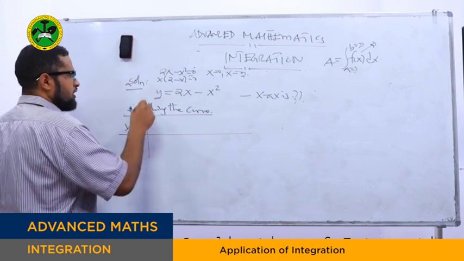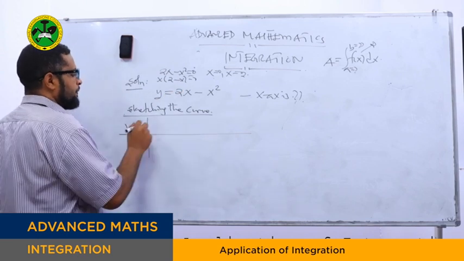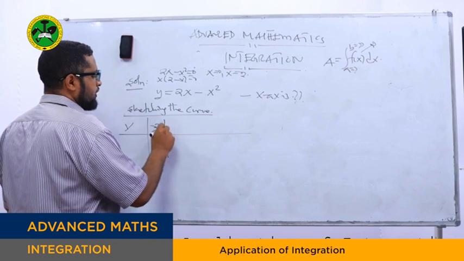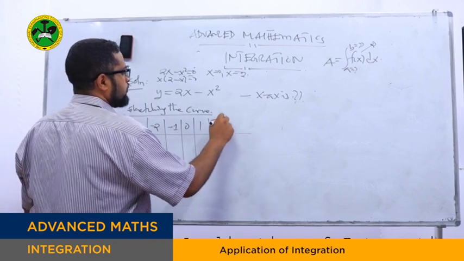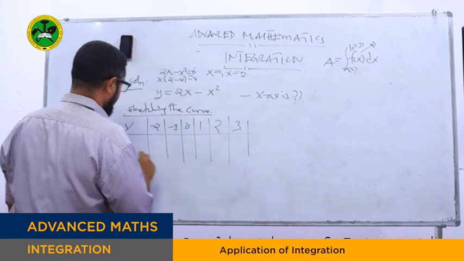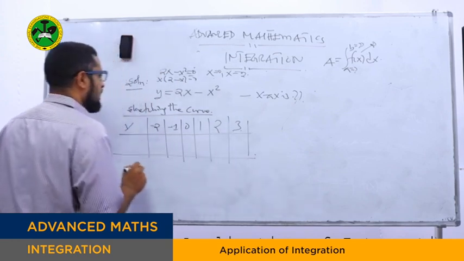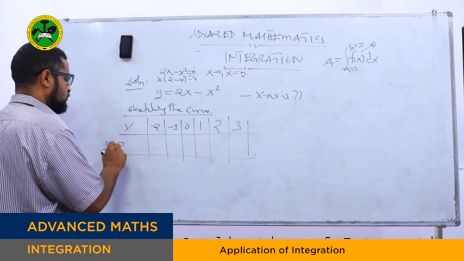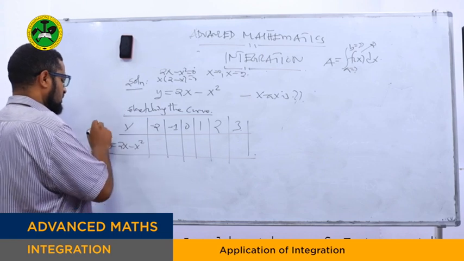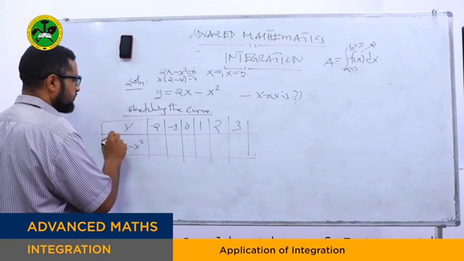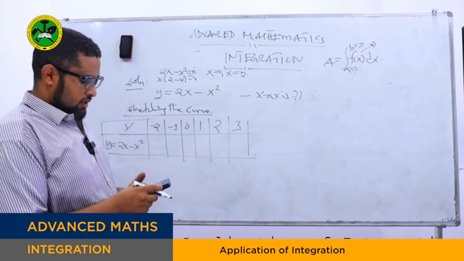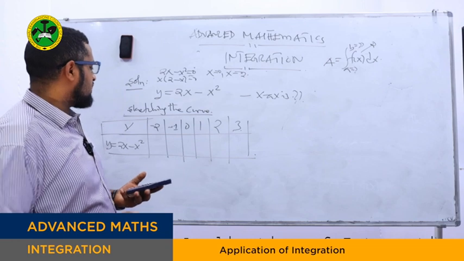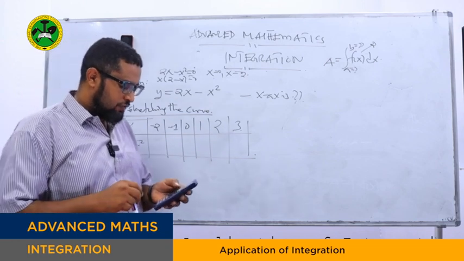So x, remember to include the negative number. So we start with negative 2, negative 1, 0, 1, 2, and let's say 3. Then down, write y equal to twice x minus x squared. Thereafter, you can write the formula into the calculator and then plug in the values to save time.